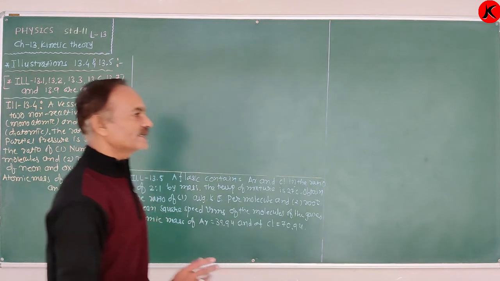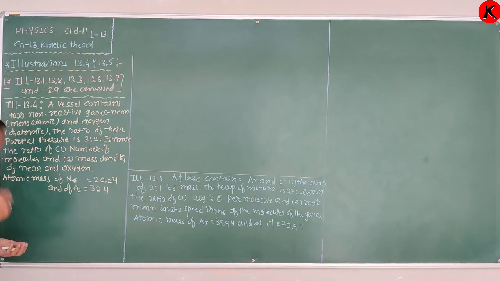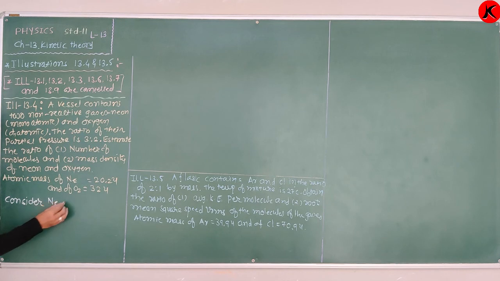Now from the equation of state, we consider neon as gas 1 and oxygen as gas 2.